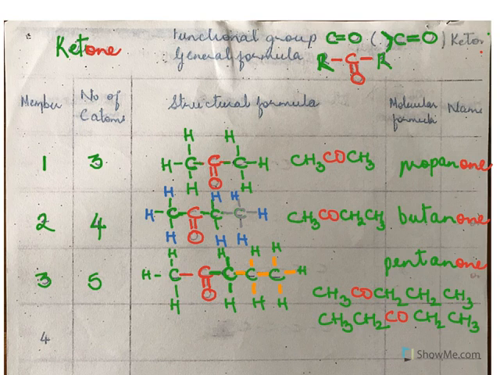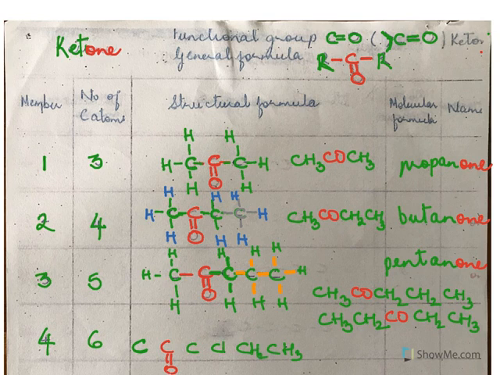Now for the 4th member, we'll have 6 carbons. So you have 1 carbon, then you have the CO, of course, which makes it a ketone. Then we have 1 carbon, 2, 3, 4, 5, 6. And I'll straight away write CH3.